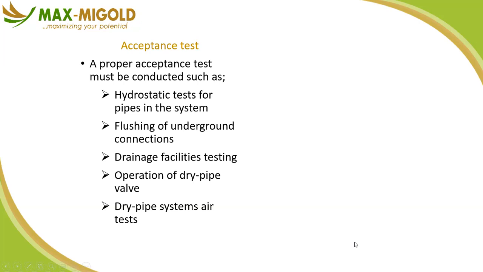Okay. So the acceptance test for this, what we're saying is that even after the installation has been completed, especially for the sprinkler system or hydrant system, you need to carry out the site acceptance test, the SAT, which includes the hydrostatic pressure testing of the pipes, just to ensure that the pipe does not burst. So the installer, the operator, needs to test that pipe.